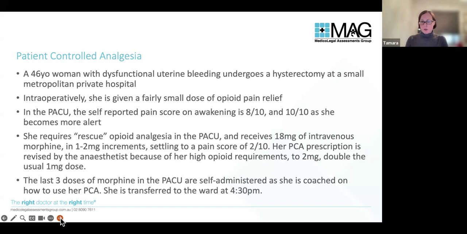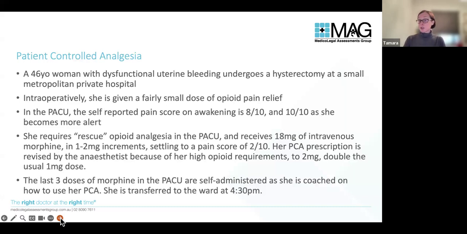So she does settle to a pain score of 2 out of 10, but that's quite a large amount of morphine, I would think, for a hysterectomy, that I might give anything from 6 to 12 in total. She was going to have a gentle fentanyl PCA, but the anaesthetist revises this because she's seen to have high opioid requirements and prescribes her a morphine PCA at double the usual dose.